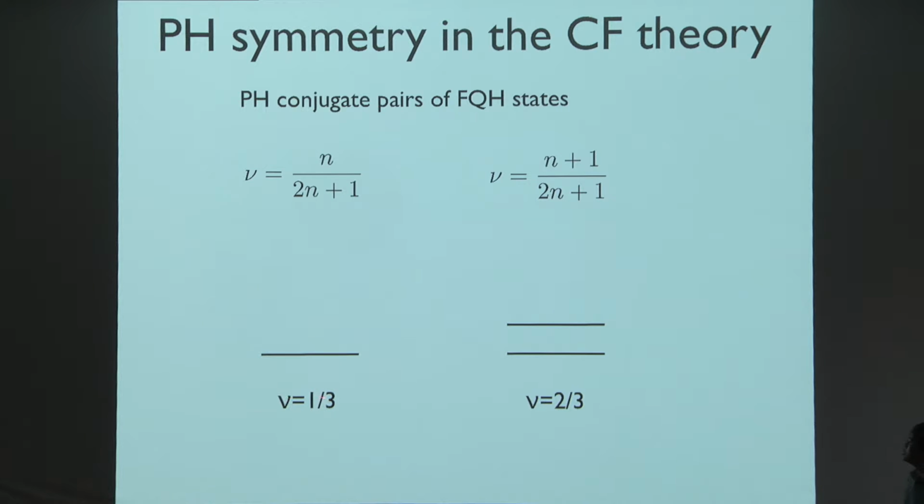For example, the nu equal 1/3 state corresponds to one filled Landau level of the composite fermions, while the nu equal 2/3 state, as we have seen previously, maps to two filled Landau levels of the composite fermion. And that distinction remains when we go to higher and higher n in the Jain series.